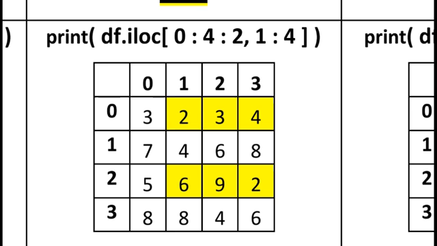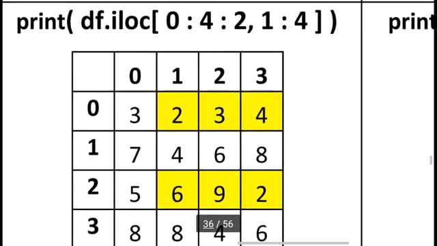So 7 4 6 8 and 8 8 4 6 are not included. Only 3 2 3 4 and 5 6 9 2. But in this selected row I want only 1 colon 4 columns. So the 0th column, 3 and 5, will not be included, only 2 3 4 and 6 9 2. So this command gives this result.